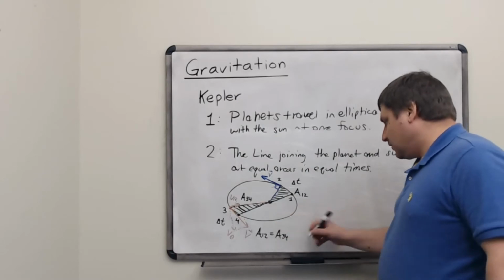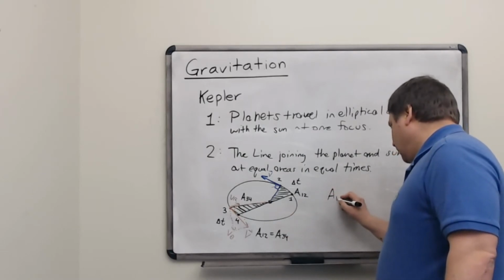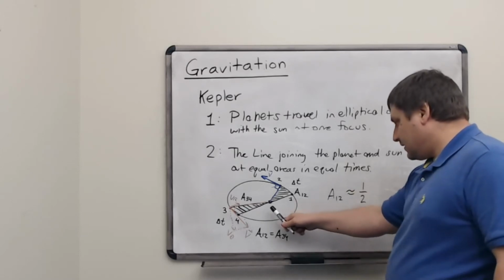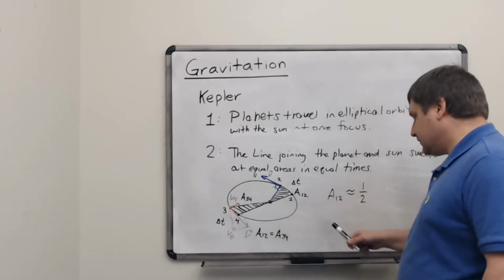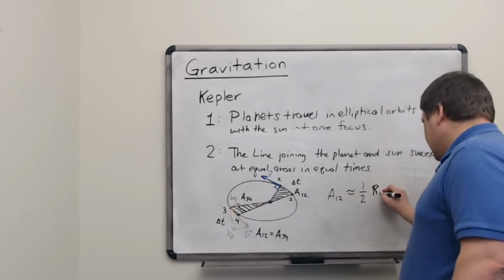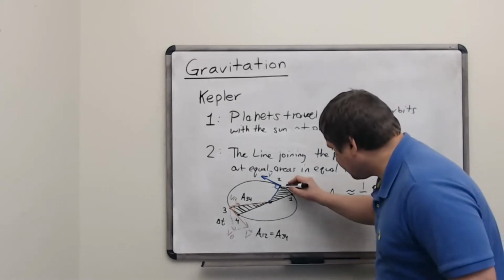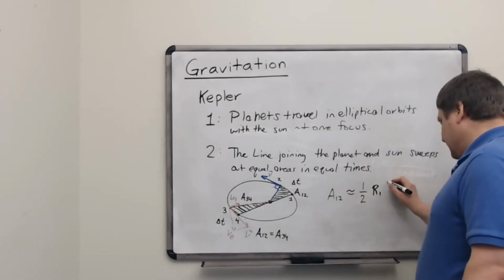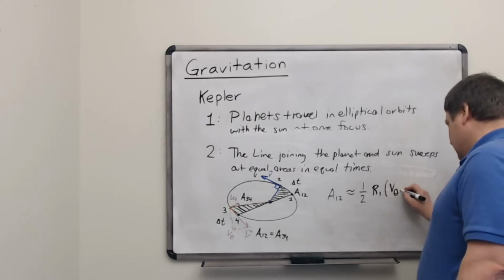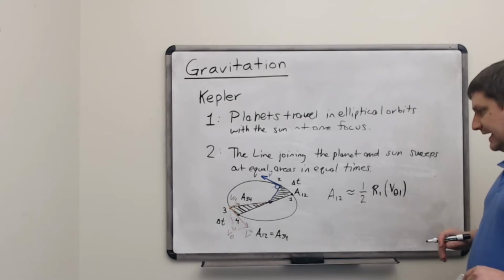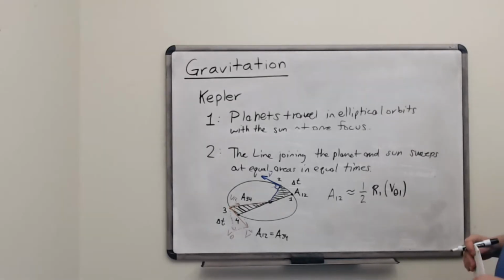Returning to Kepler's second law, then, the area of one of these triangles is going to be approximately, treating this like a triangle, 1/2 the base, which could be the radius at position 1, times the height of the triangle, which is going to be approximately equal to the tangential component of that velocity.